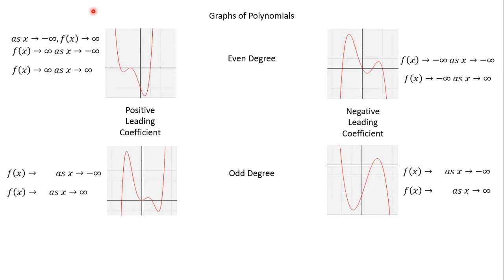Notice with the even degrees, both ends go the same way. Positive infinities over here, negative infinities over here. With the odd degrees, we're going to have one of each. So here, when it's a positive leading coefficient, as x goes to negative infinity, y is getting smaller, so y is going to negative infinity.